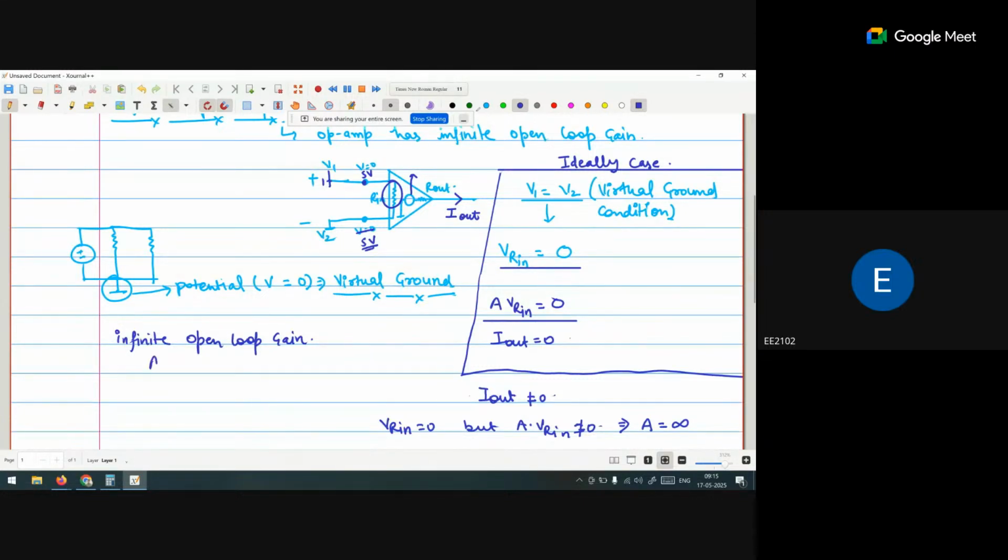So ideally A is infinite, but practically A is 10 raised to power 5. This is one more important parameter of the operational amplifier.